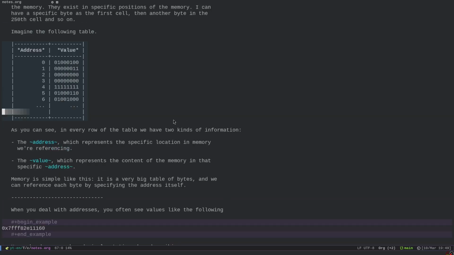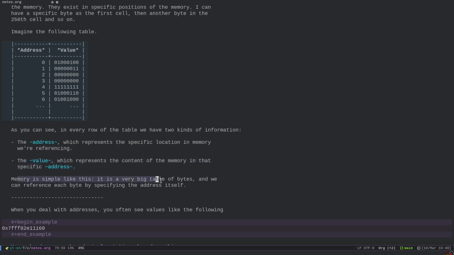So as you can see, in every row of the table, in every row of memory, we have two kinds of information. We have the information regarding the address, which represents the specific location in memory that we are working with, that we are referencing. And then we have the value, which represents the content in that specific region of memory.